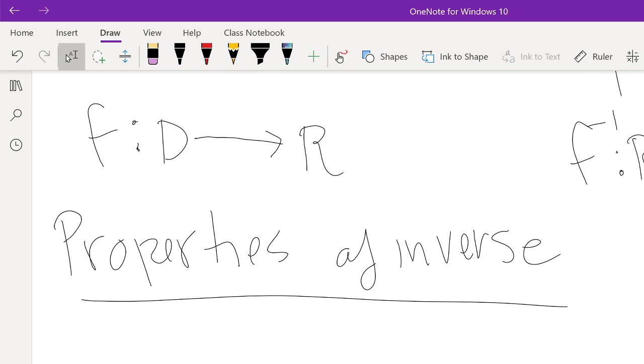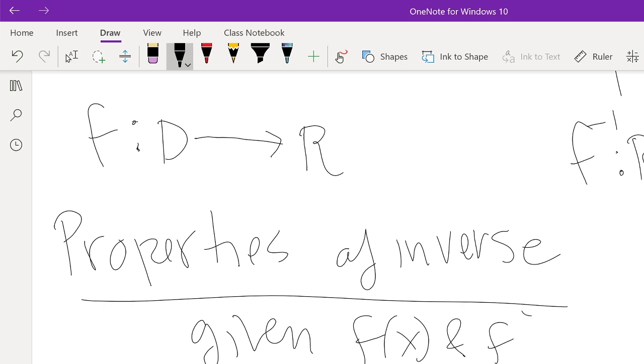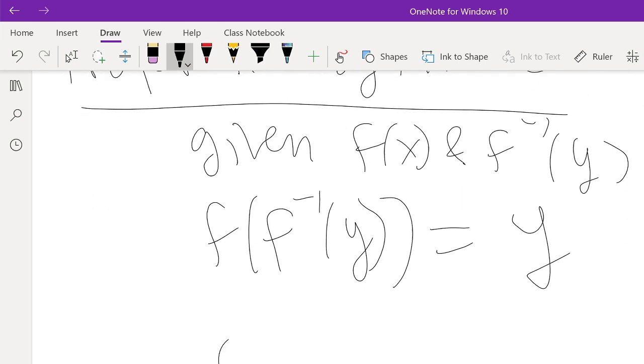In terms of composition, given f of x and f inverse of x, we have f of f inverse of y equals y, and f inverse of f of x is equal to x.